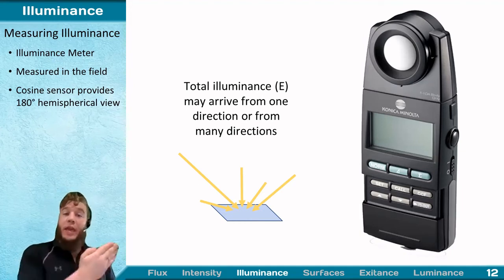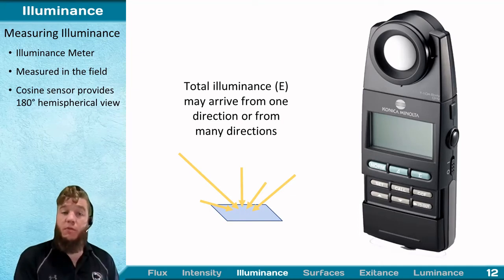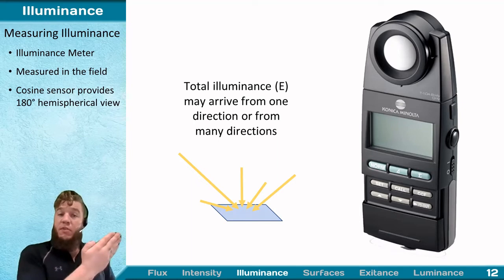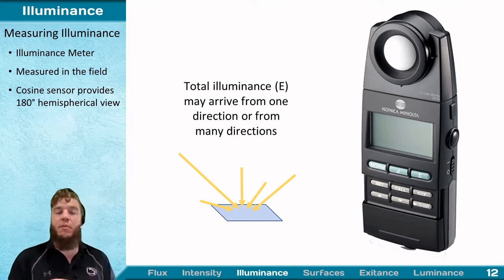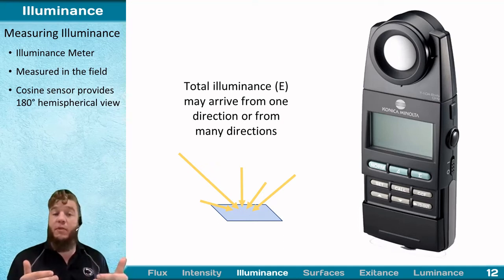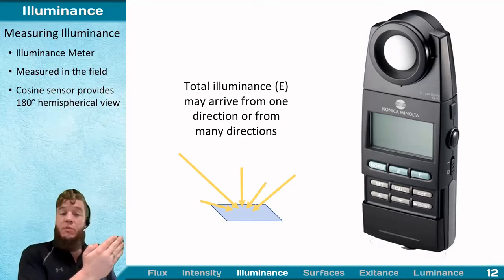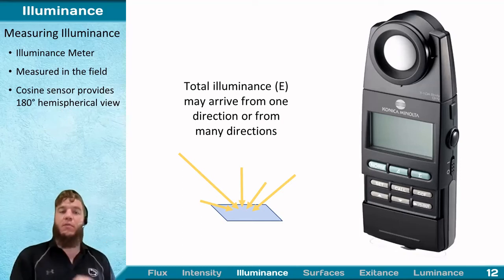What you do is take an illuminance meter like the one shown on the right side of this slide, place it on the table face up, and it will use that cosine sensor. That white ball at the top of it, the cosine sensor, provides a 180-degree hemispherical view so that it can measure the light coming in to that point from all directions.